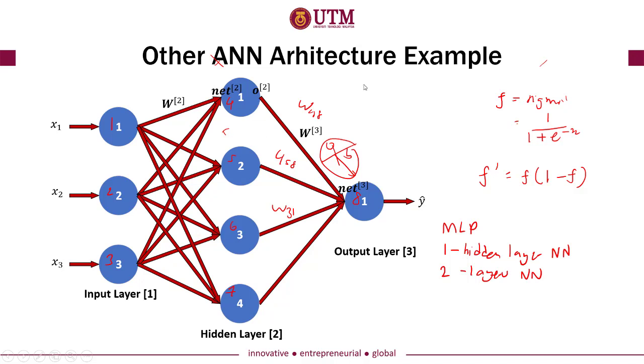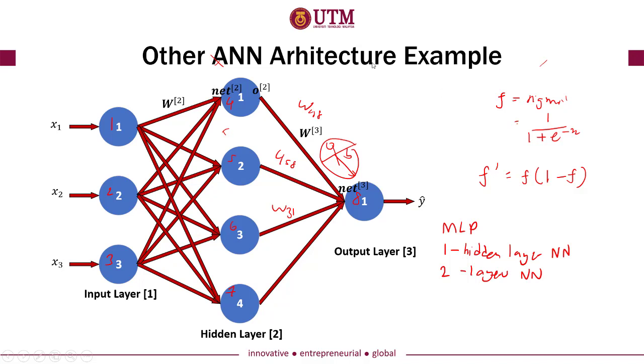The difference between this one and the one that I explained in the previous lecture is the number of neurons. Here, at the hidden layer you have 4 neurons, and at the output layer you only have 1 neuron. This one also has 3 inputs, or 3 attributes, that feed into this network.